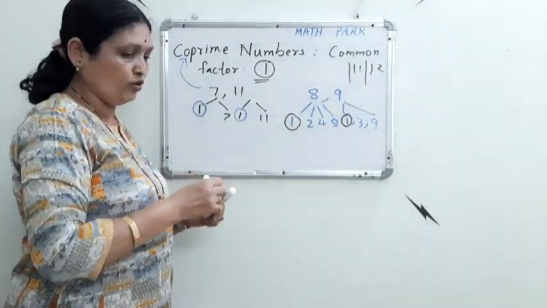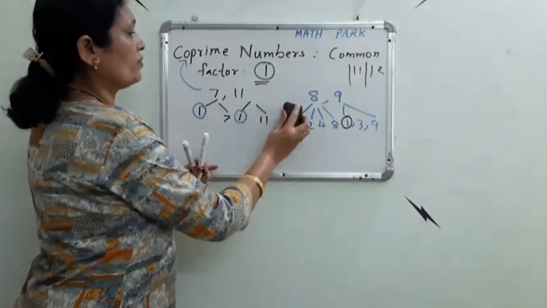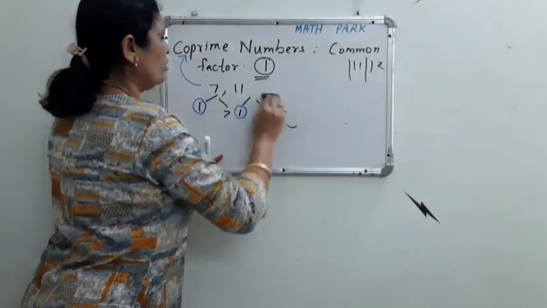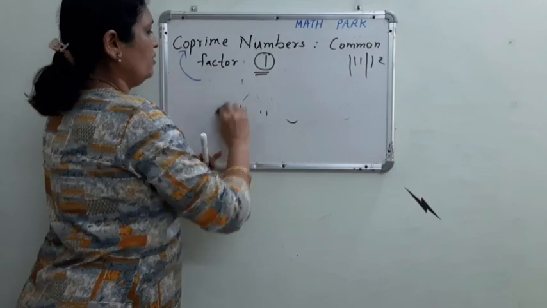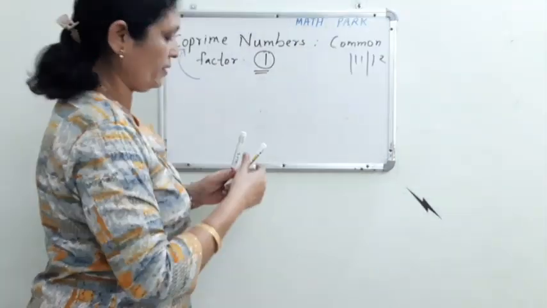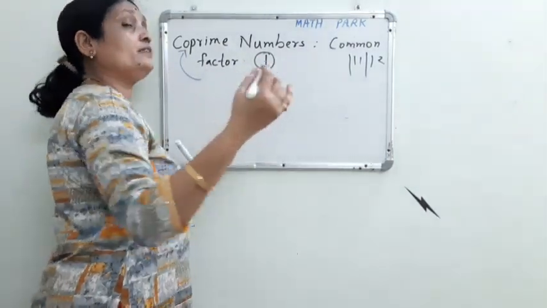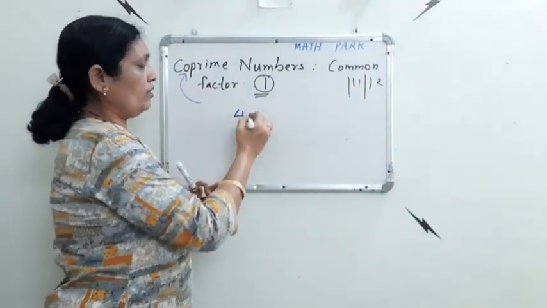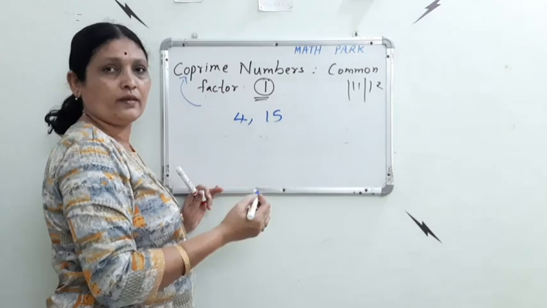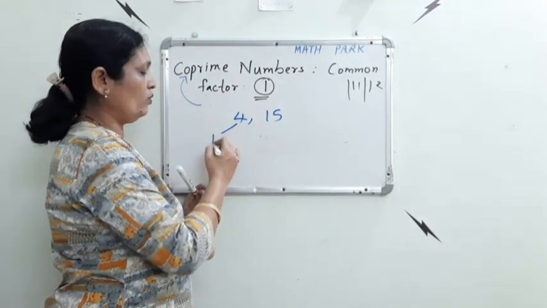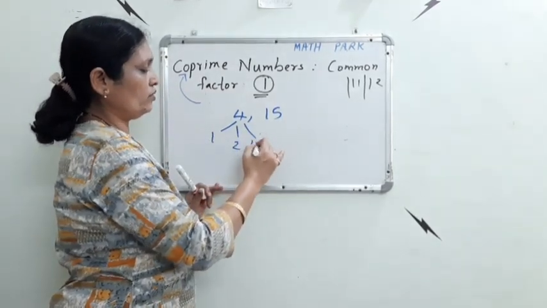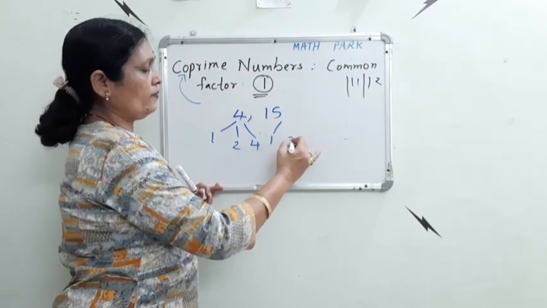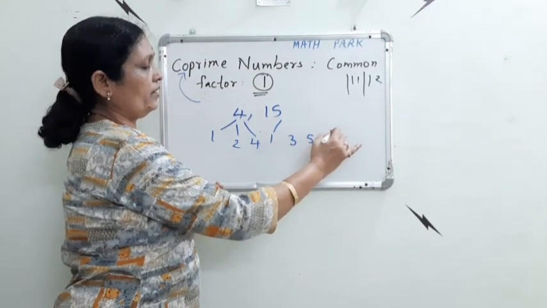Let us take a few more examples. Let us take 2 composite numbers and check whether they are coprime. We take 4 and 15. Factors of 4 are 1, 2 and 4. Factors of 15 are 1, 3, 5 and 15.